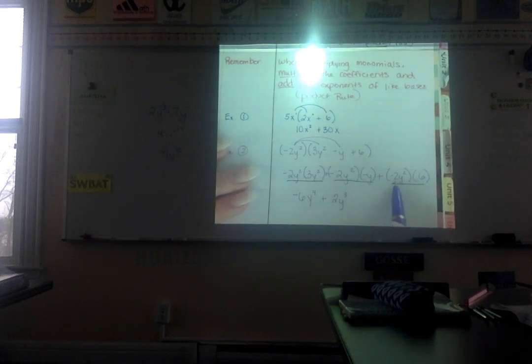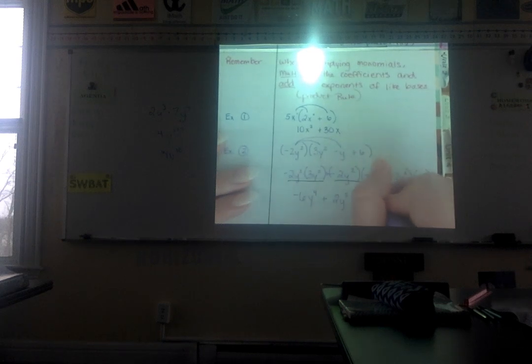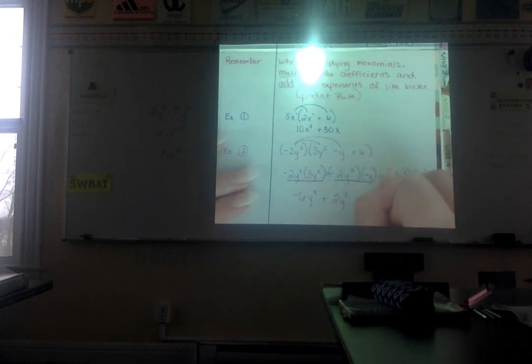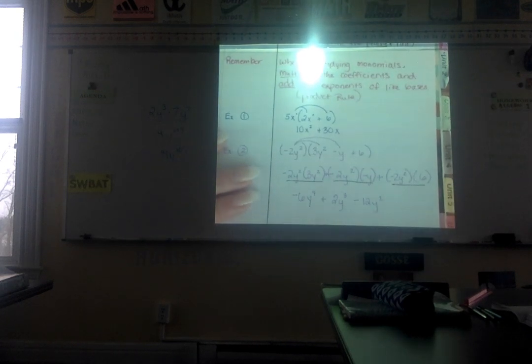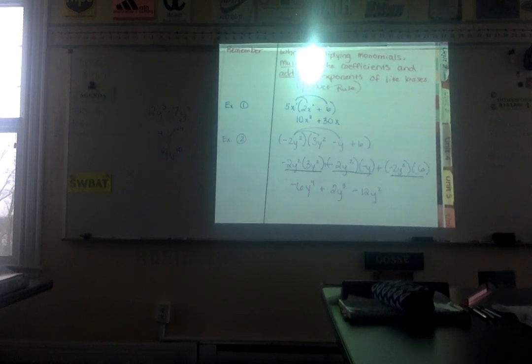So what's 2 times 6? 12. What's negative 2 times 6? Negative 12, okay? So we're going to subtract 12. Does the exponent of y here change? No, it does not. So negative 12y squared. None of these can be combined, so this is the simplest answer we can get. And they're already in order, from highest exponent to lowest exponent.